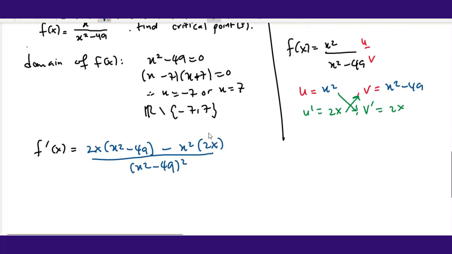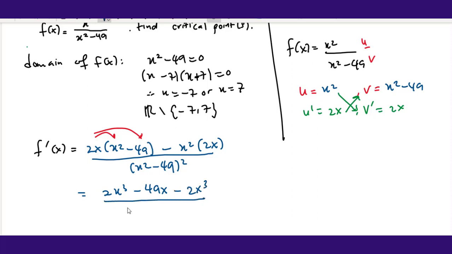Then simplify. Expanding, we get 2x cubed minus 98x minus 2x cubed over x squared minus 49 squared.